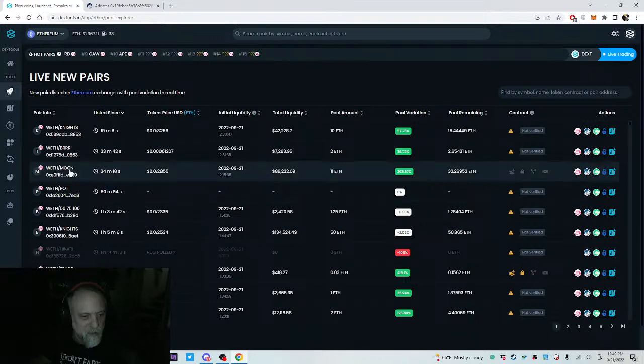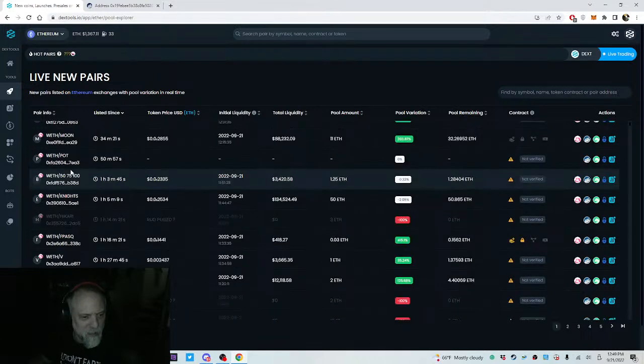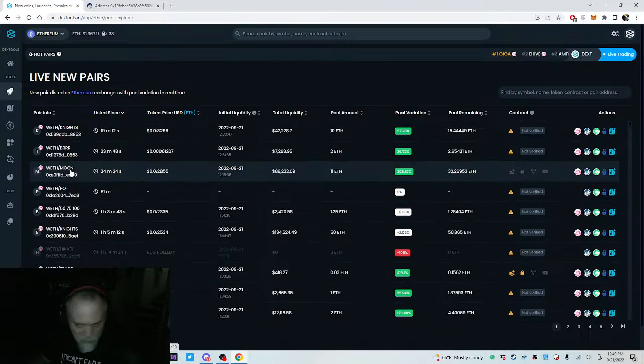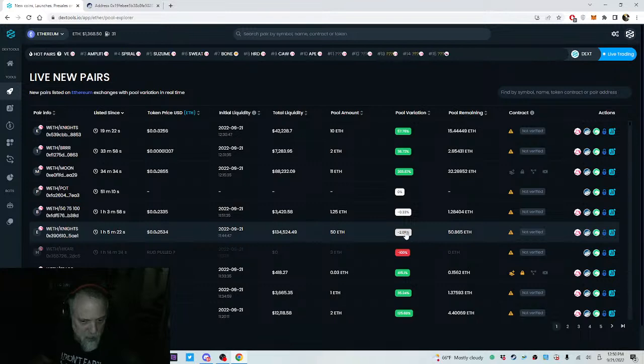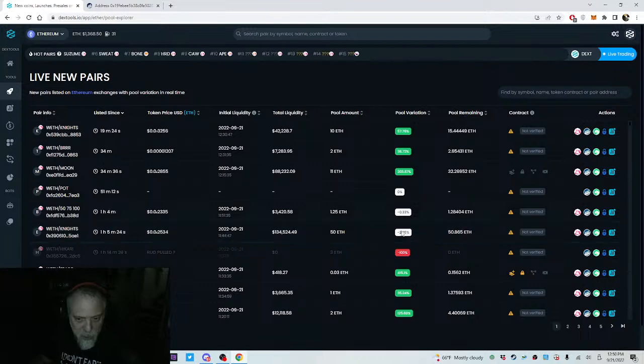Damn. And see, there's that moon name. And if we look down, we've been here going on an hour now. So we started out with nights and 5075. I'm really in utter shock that none of these have rugged yet. I really, really am.